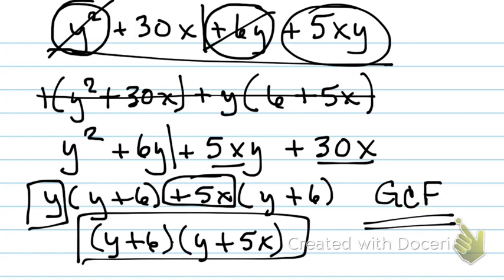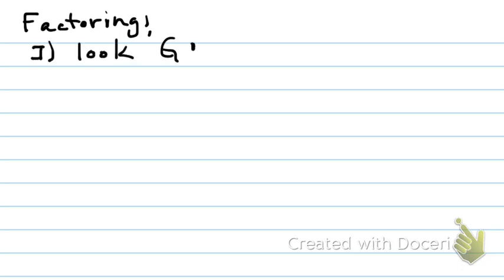So what we're going to do today is move on with our factoring. So again, we're still talking about factoring, right? And the first step in factoring anything is to what? Look for the GCF. Is it always going to be there? Nope. Okay. What do you do next?